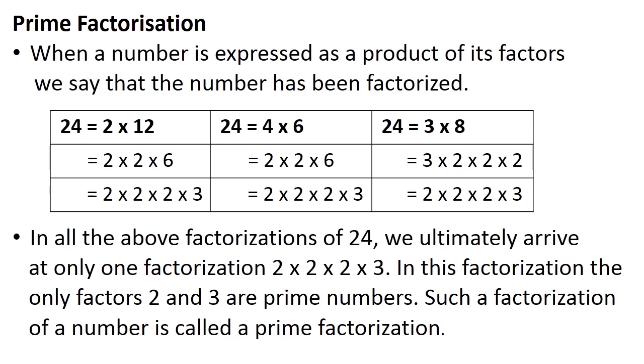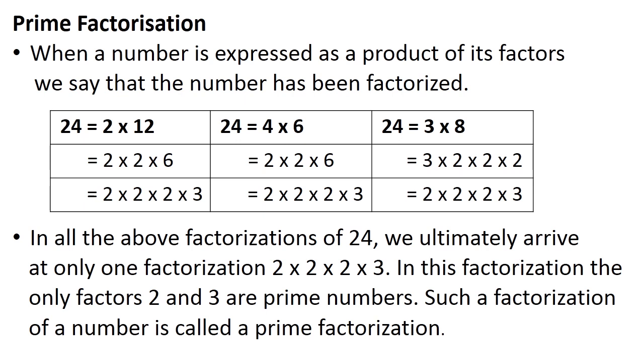In place of 6, you will write 2 multiplied by 3. Next, 24 is equal to 4 multiplied by 6, and in place of 4, you will write 2 multiplied by 2, so 2 multiplied by 2 multiplied by 6, is equal to 2 multiplied by 2 multiplied by 2 multiplied by 3. In place of 6, you will write 2 multiplied by 3.